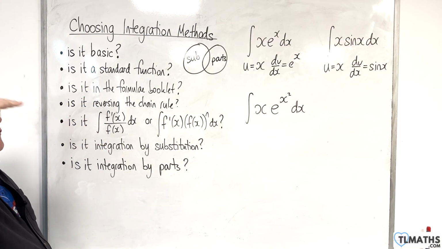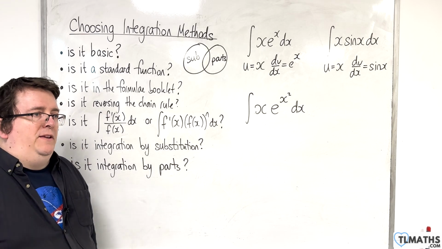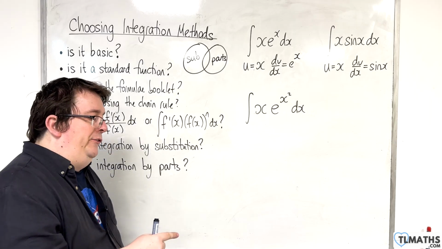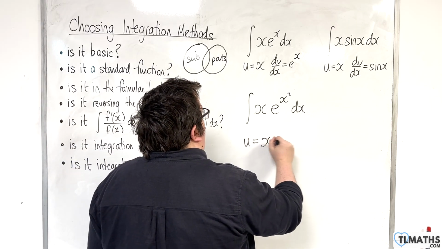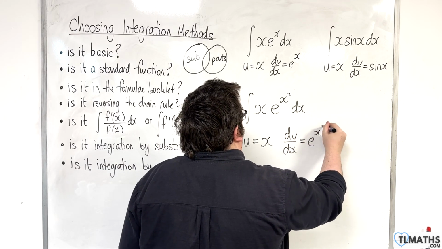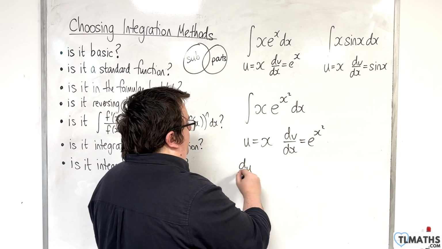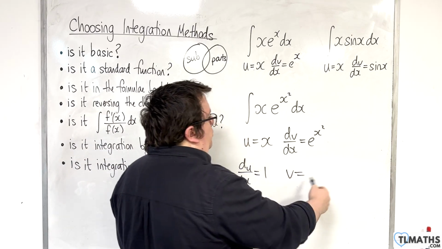Well, it's not integration by parts for one main fundamental reason. It's not integration by parts because when you do your late rule, you're going to get u is equal to x, and dv by dx is e to the x squared. And as part of integration by parts, you differentiate this one, and then you've got to integrate this one.